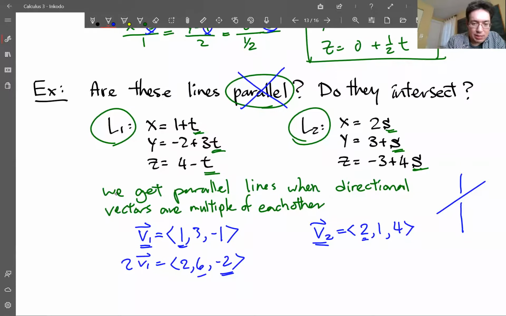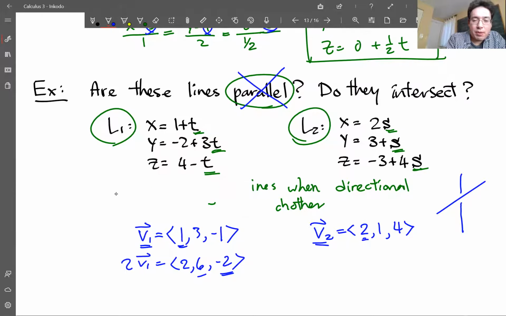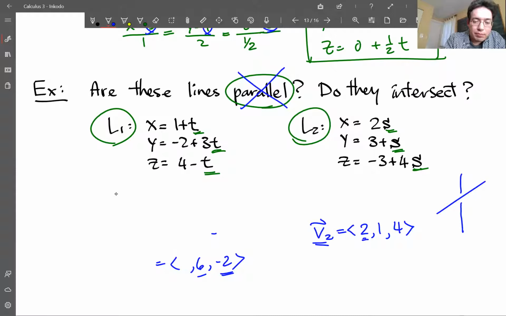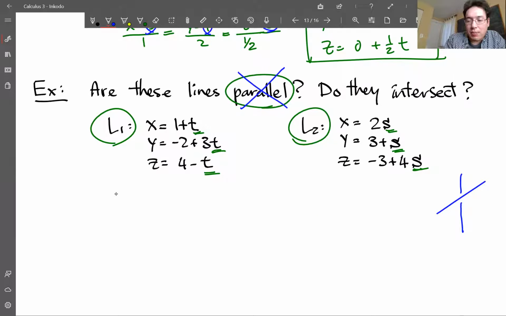Okay, so let's see if we can compute that. I'm going to erase a little bit so I have more room. This basically boils down to a question: are we able to find t and s so that x, y, z are equal to each other?